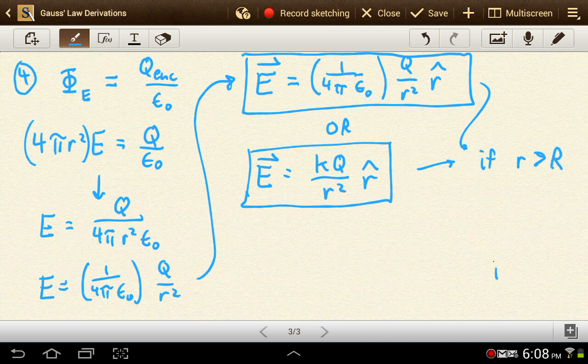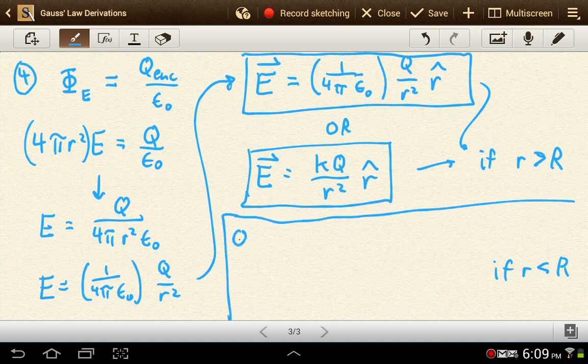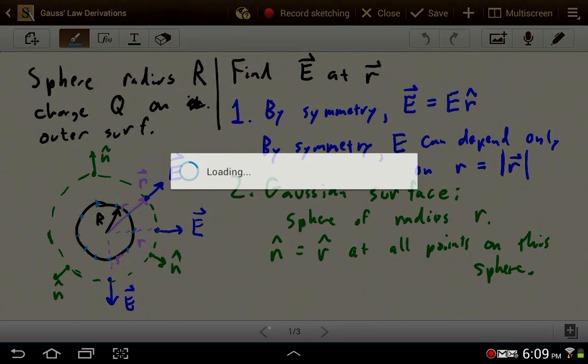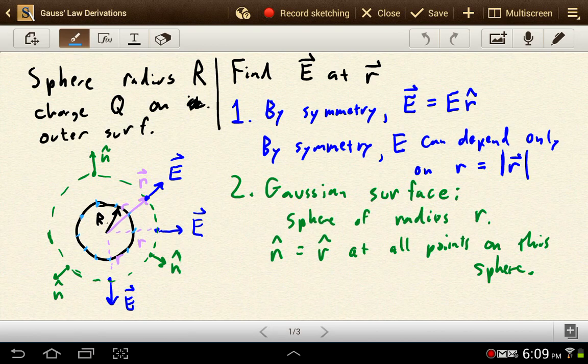Otherwise, I'm going to solve for if little r is less than big R, and don't worry so much about if little r equals big R. That's kind of a weird case. If little r is less than big R, then Q enclosed equals 0. To see that, suppose little r is less than big R, then my Gaussian surface is in here, because its radius is less than the radius of the solid sphere.